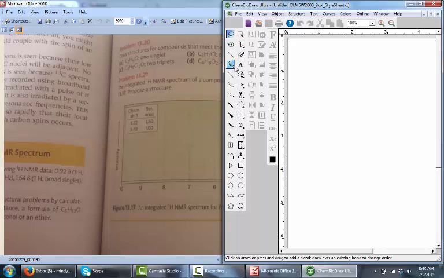Hopefully that is clear: the signal at 1.22 ppm corresponds to 1.5 H, and the signal at 3.49 ppm is 1 H, but since you can't have non-integer numbers of protons, 1.22 ppm is 6 H, and 3.49 ppm is 4 H. Of course, that simplifies to 1.5 to 1.